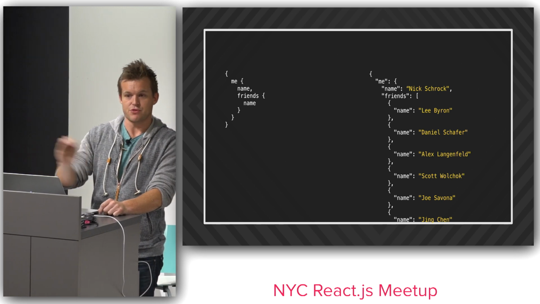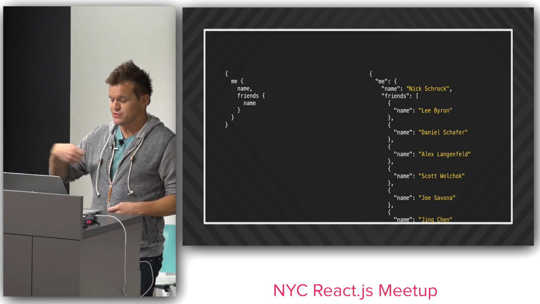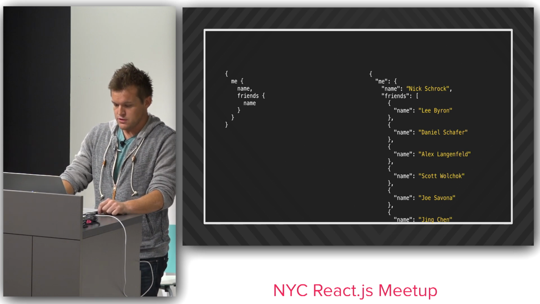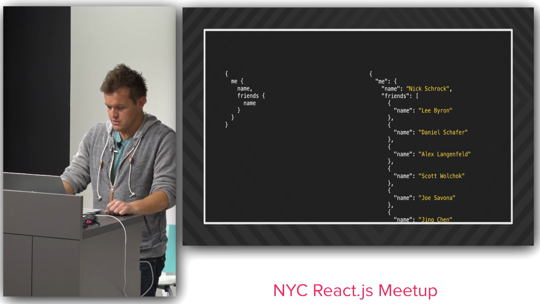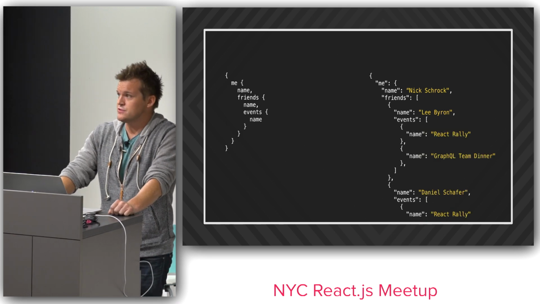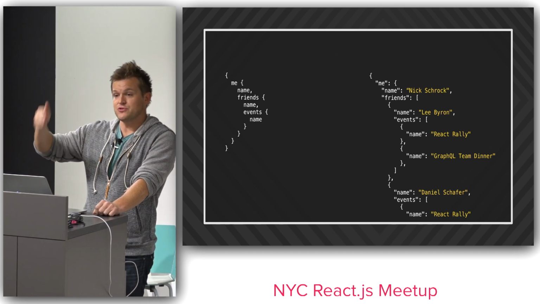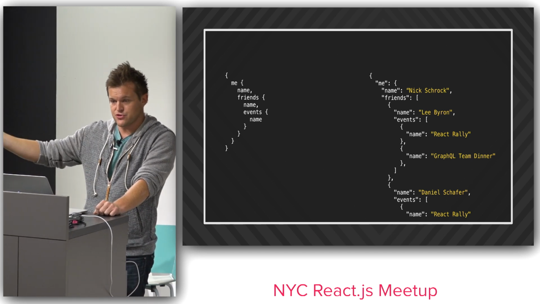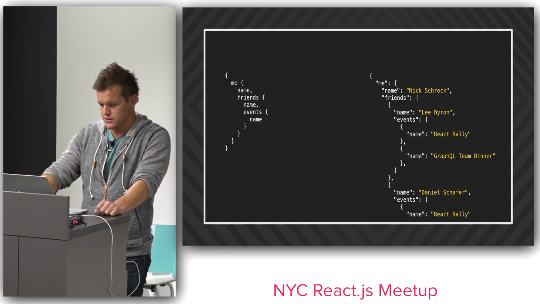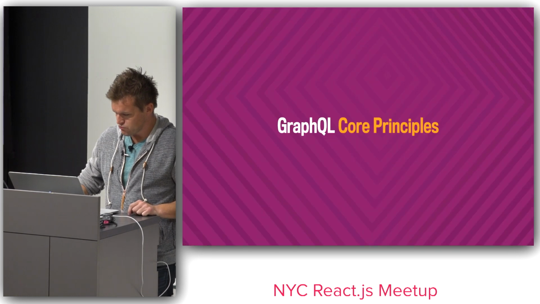This is contrasted with the REST approach where you would get a list of URLs, and then you need to go and get the subsequent data in different round trips. And you can do this as deeply as necessary. Once you get down to friends, it's just another user object. And on that user object, you have access to all the fields that we defined there. And you can go arbitrarily deep as you want.